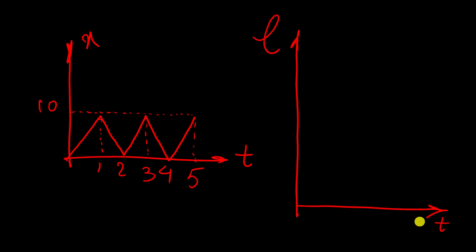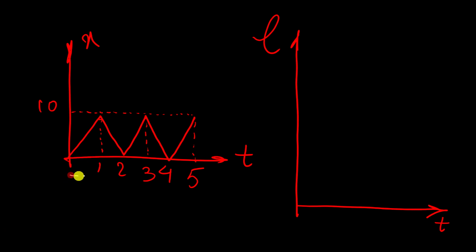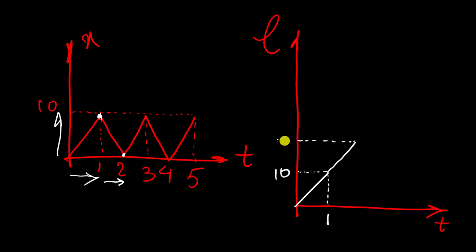It's very easy. For the first second, I mean 0 to 1, the object has a distance of 10 and it's linear. So I will draw a line. Okay, t equals 1, here is 10. From here to here, I mean 1 to 2, the object has again a distance of 10. I will add it, again linear, so it's 20.